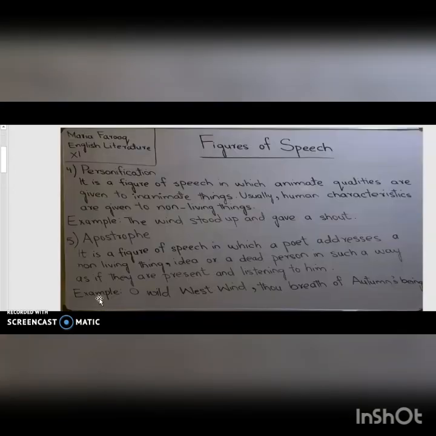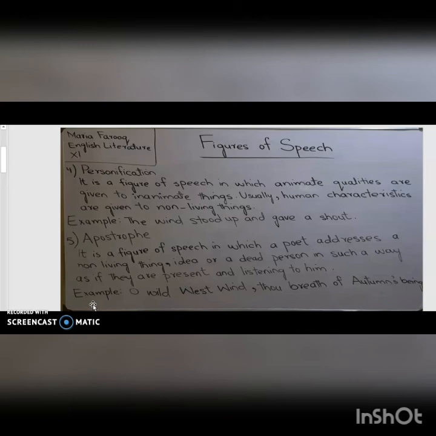Okay. Now this one. Fourth one, personification. Now what is personification? It is a figure of speech in which animate qualities are given to inanimate things. Usually, human characteristics are given to non-living things. When you give animate qualities to something which is inanimate or non-living, this is called personification.